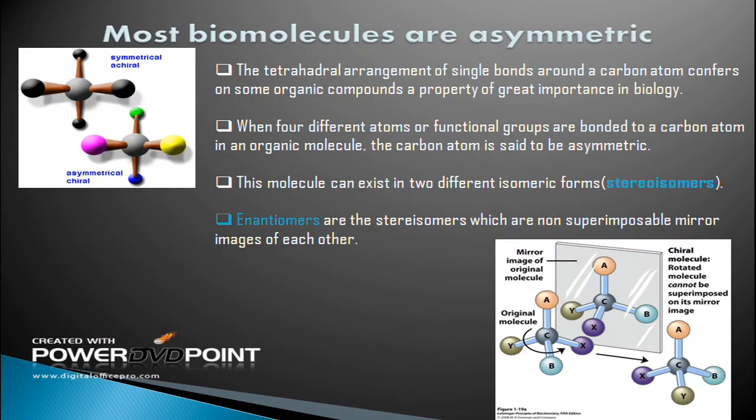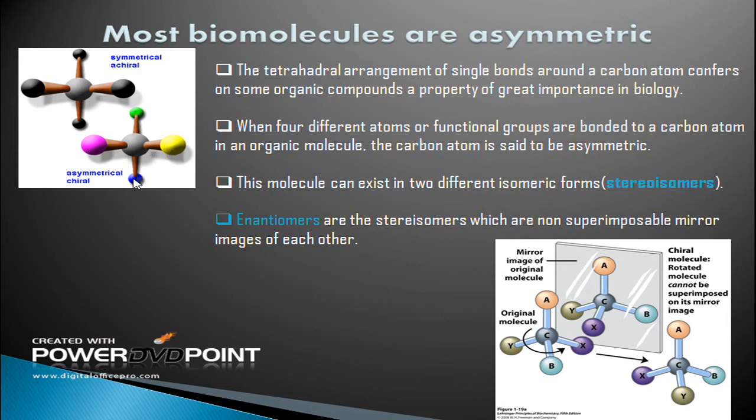Another very important feature of biomolecules is that most biomolecules are asymmetric. The tetrahedral arrangement of single bonds around a carbon atom confers on some organic compounds a property of great importance in biology.